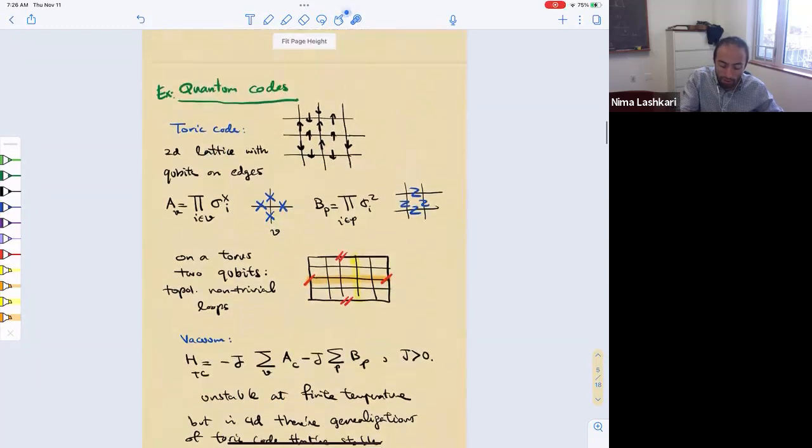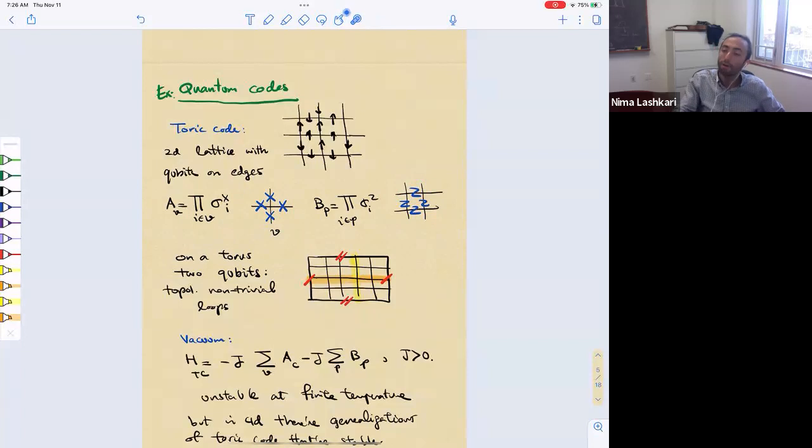The toric code is a 2D lattice with qubits on each edge, and you consider two sets of operators on edges. You put X, X, X, X for a particular vertex v. You consider this as a local operator, and you consider these plaquette operators.